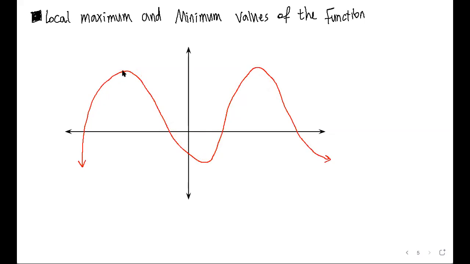This point is called the maximum value. And the minimum value is the value where the function changes from decreasing to increasing.